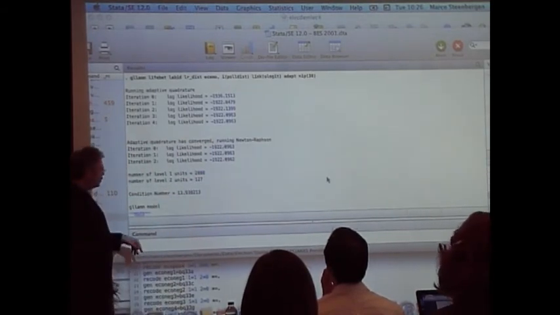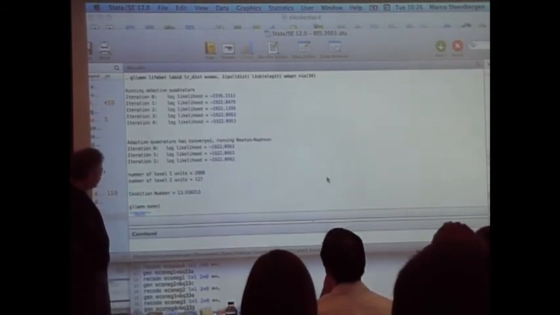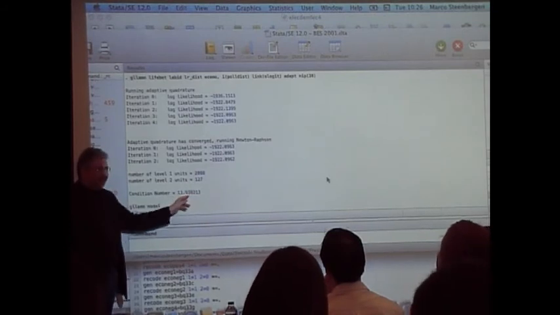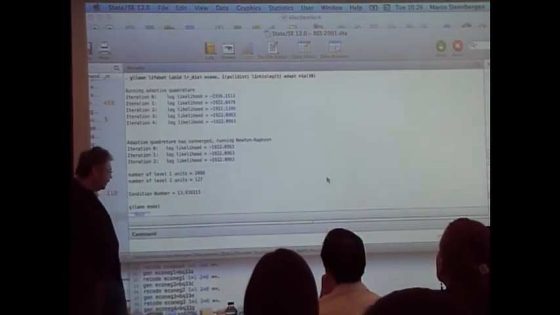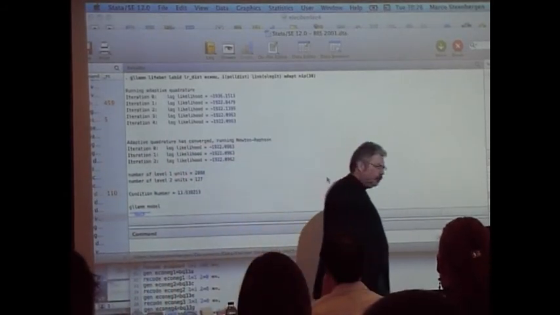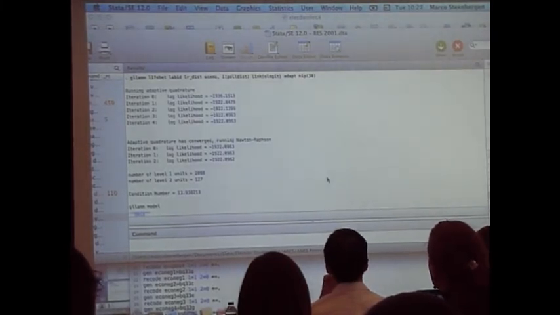2088 level 1 observations, 127 level 2 units. Condition number, again, we like that to be lower rather than higher. This is fine. You just don't want it to be in the thousands. Then you really start to worry that you have identification issues.